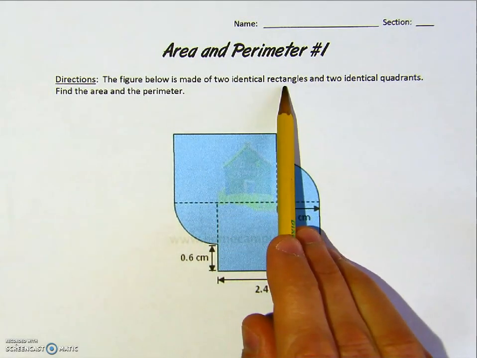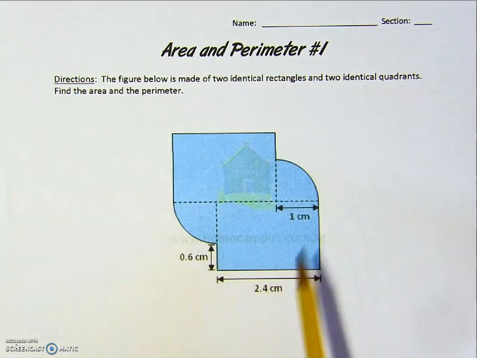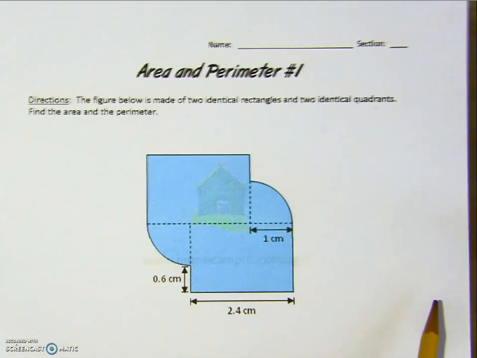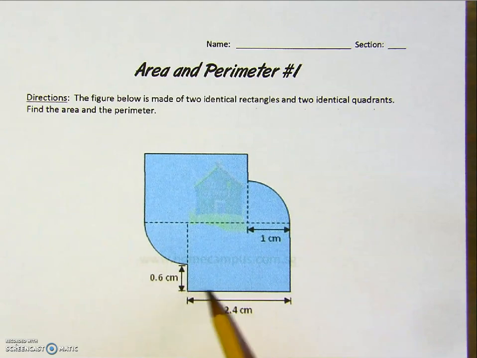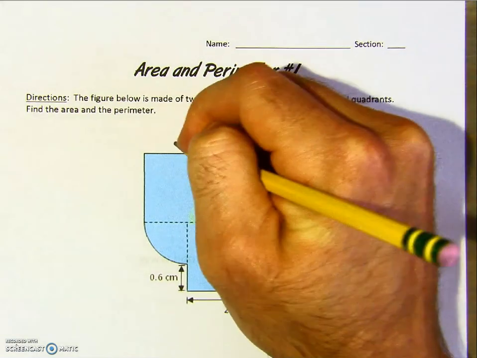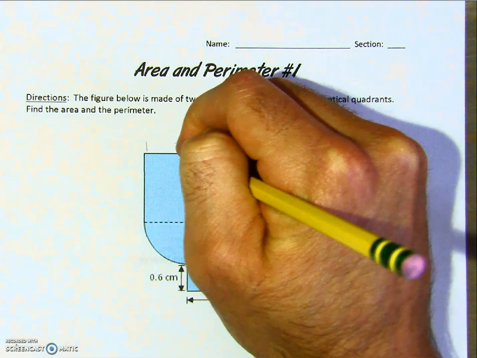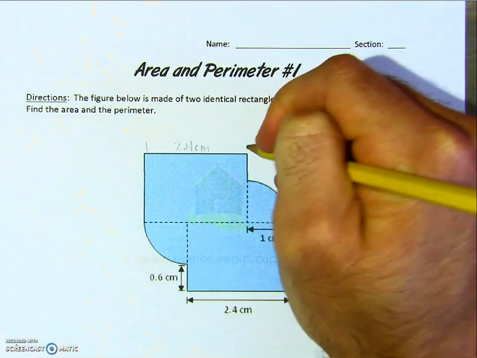There are two identical rectangles, two identical quadrants. So that's really going to help us here. Let's start with the fact that since this is 2.4 centimeters right here, the top here must be 2.4 centimeters as well.